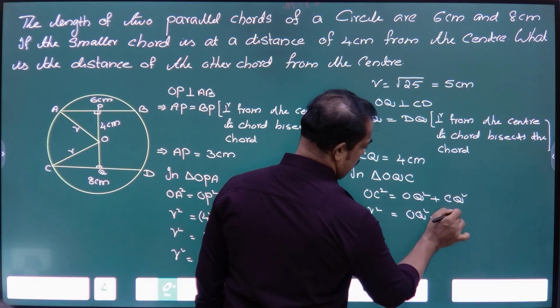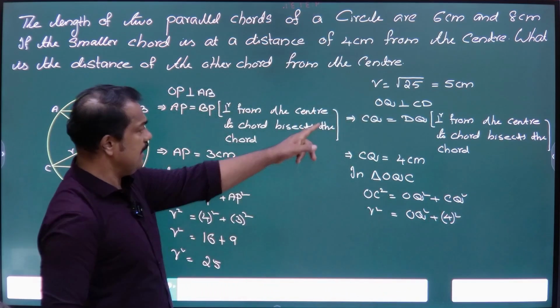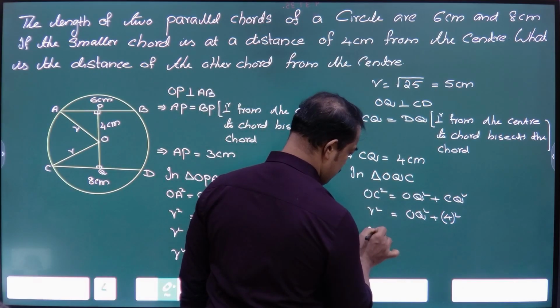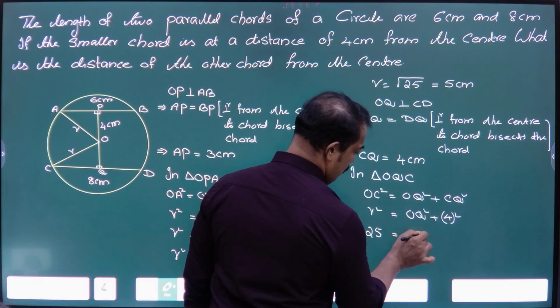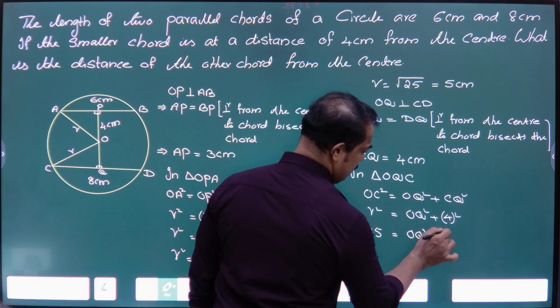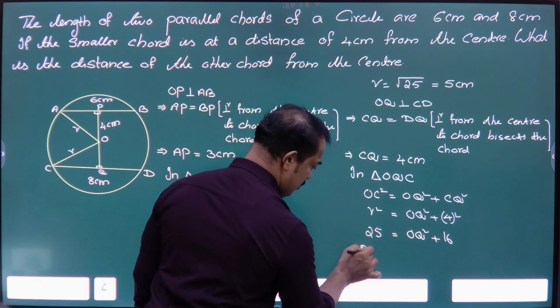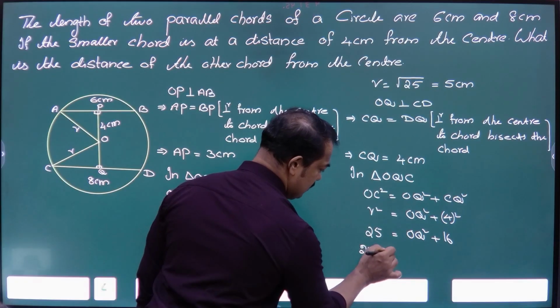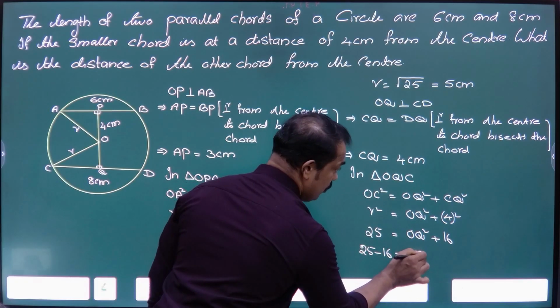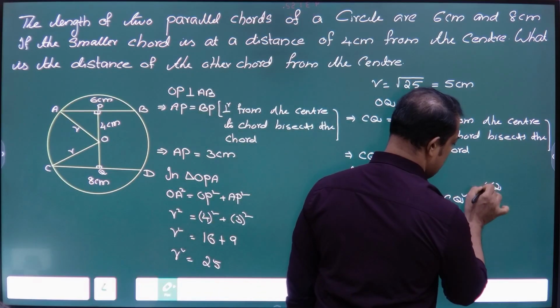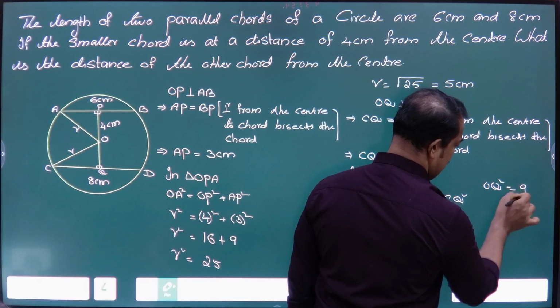CQ 4. But what is the value of radius? R is 5. 5 square equal to OQ square plus 4 square, that is 16. Shift 16 this side: 25 minus 16 equal to OQ square. So OQ square is equal to 9. What is OQ?